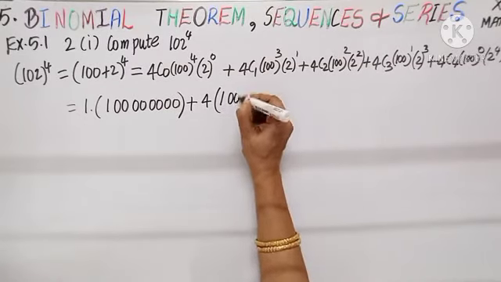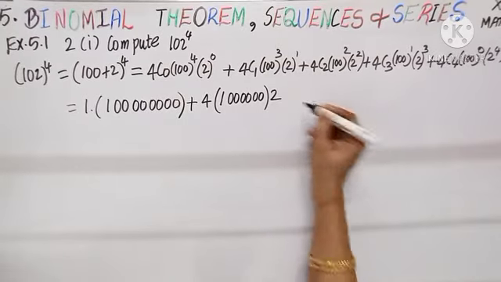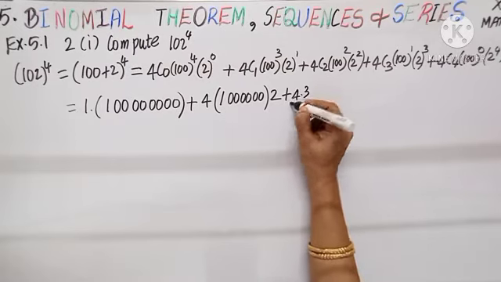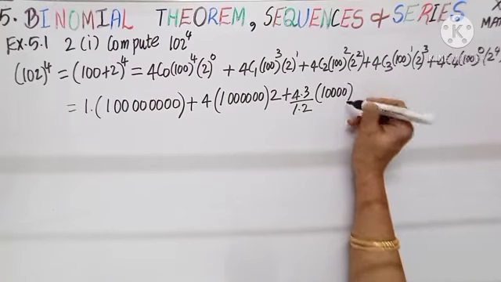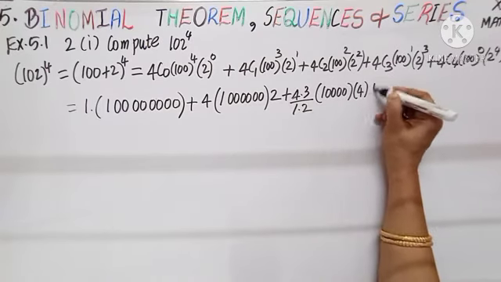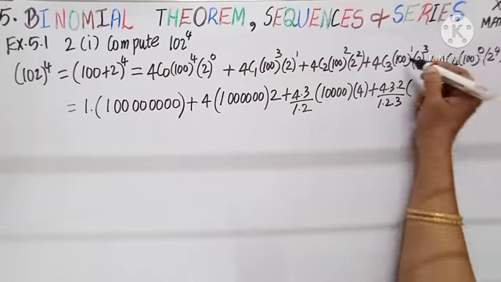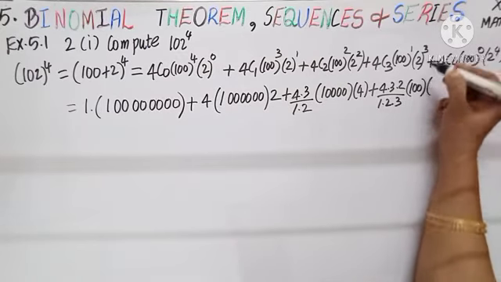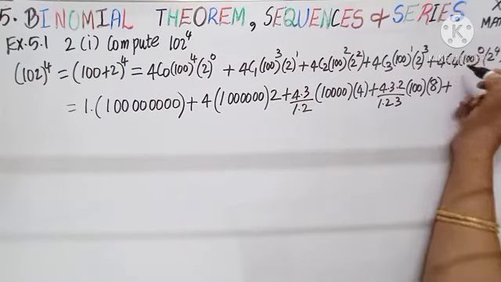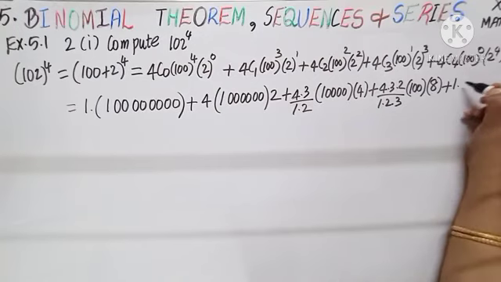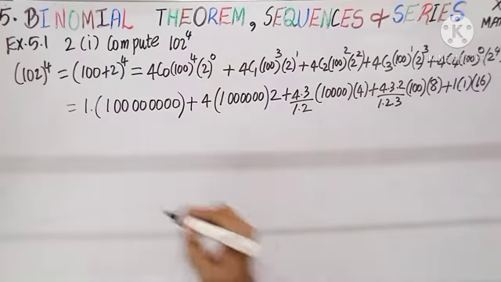Now how many times? 1, 2, 3 times into 2. Plus 4C2. 4 into 3 by 1 into 2. 100 square. 2 times. 2 square 4. 4C3. 4, 3, 2 by 1, 2, 3. 100 power 1, 100. 2 cube. 2 into 2 into 2, 8. Same number comes, it is 1. 100 power 0 also 1. 2 power 4 is 16.